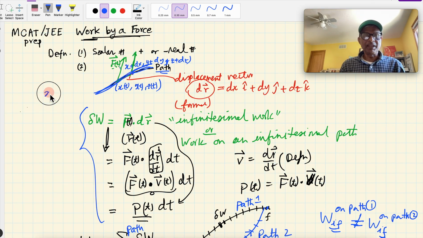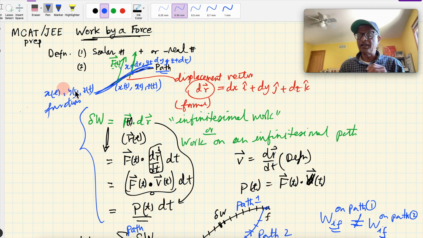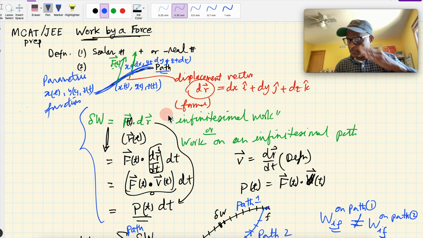So the path will be x of t, y of t, z of t functions. This is called doing it by parametric way of telling you what the path is in three-dimensional space.